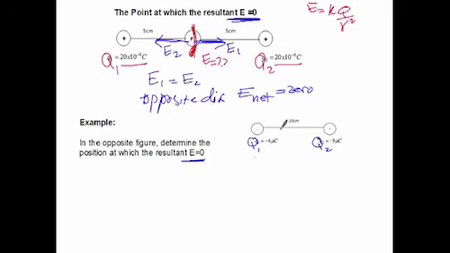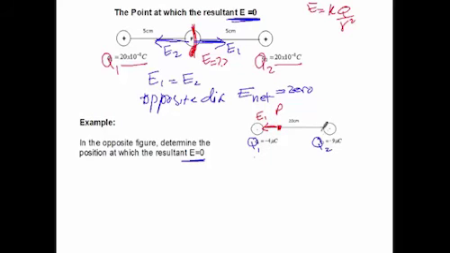If we consider a point P here, this is Q1, a charge with a negative value. So this will be the direction of E1: inside, toward the charge.